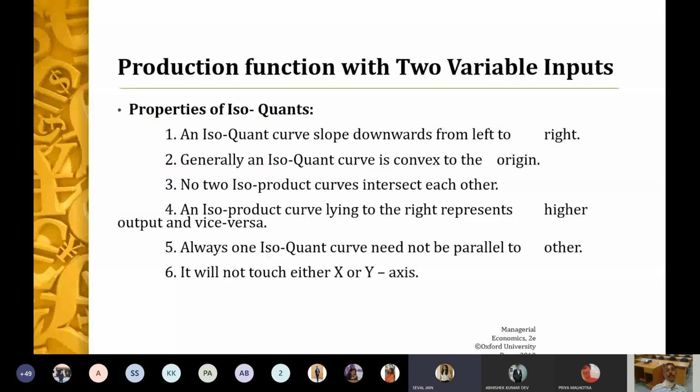Sir, can you please explain the fourth point? Iso product curve lying to the right represents higher output, and the one on the left is lower output. That means if you have an isoquant map, which will have several isoquants drawn on them, then the one on the left will be producing a lower level, say 1,000, and the one on the right will be producing a higher level, which is 2,000.